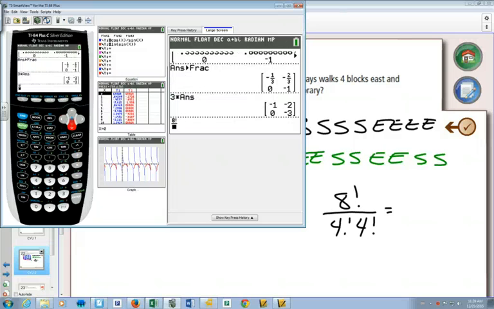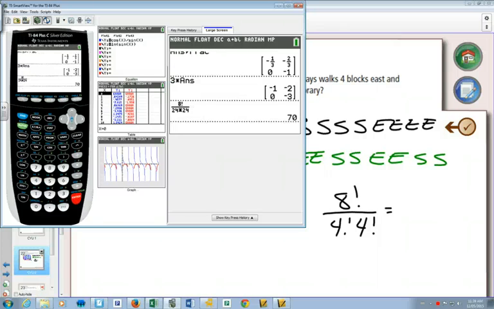Same thing on the bottom, although I find that in these questions you often have to type in like 2 factorial, 3 factorial, 4 factorial, and those are ones you can probably figure out. 2 factorial is 2, 3 factorial is 3 times 2 times 1 is just 6, 4 factorial is 24. So I might just go 24 times 24 on the bottom instead of going 4 factorial, because it saves me some time.